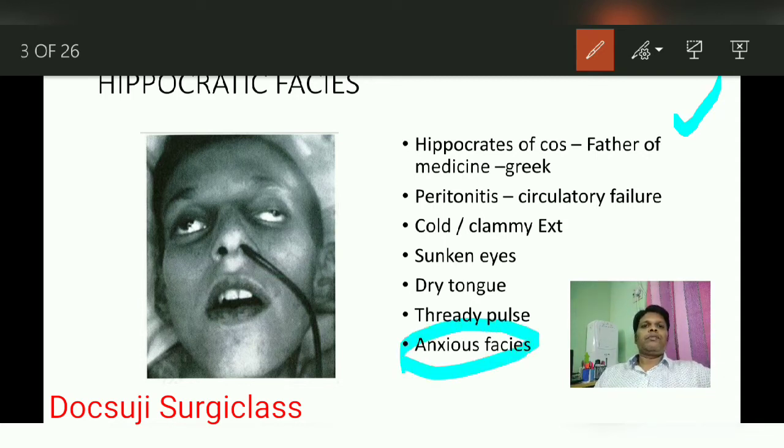You can see in this picture the patient is very anxious, and this is characteristically seen in cases of peritonitis and patients presenting with circulatory failure. You will have cold, clammy extremities, sunken eyes, dry tongue and thready pulse, and this anxious facies is described as Hippocratic facies.